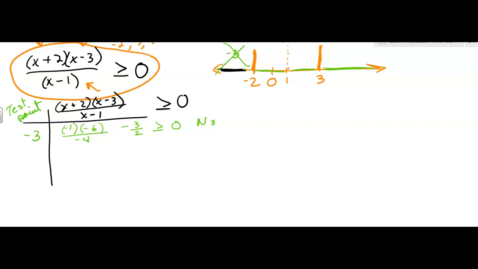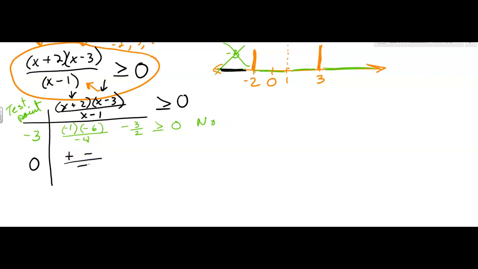So I need a point in between -2 and 1. Let's say I use 0. 0 is between -2 and 1. What happens if I put a 0 in the first parenthesis? I get a positive number. What happens if I put 0 in the second parenthesis? I get a negative number. And in the denominator, I also get a negative.